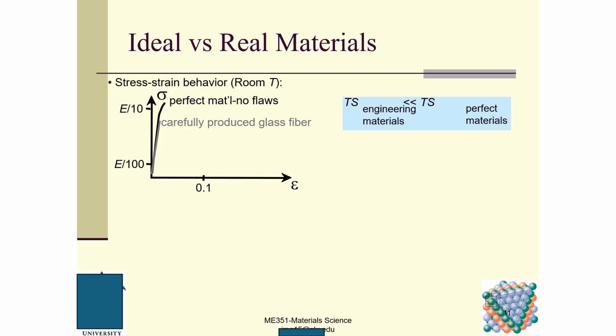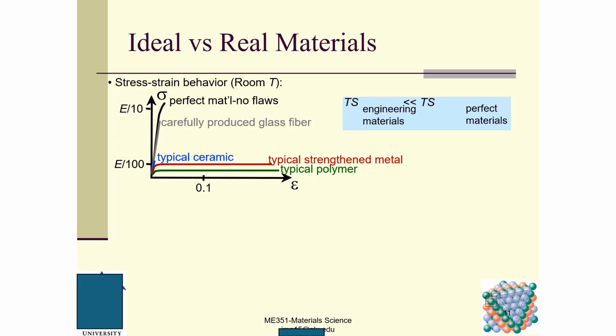Here the tensile strength of engineering material is far less than the tensile strength of the perfect material, because engineering materials usually have a lot of impurities. This is a typical ceramic. This is a typical ceramic, and typically strengthened metal.